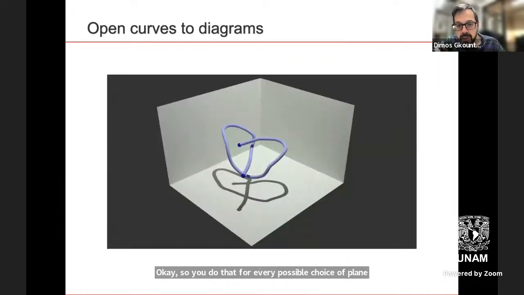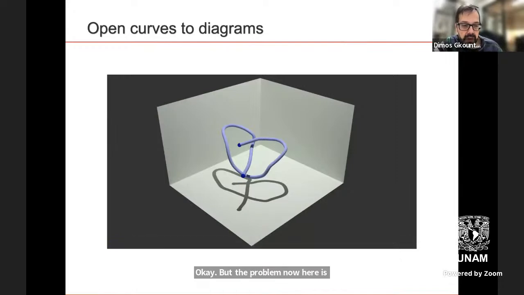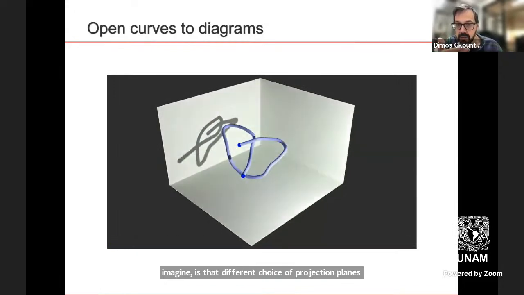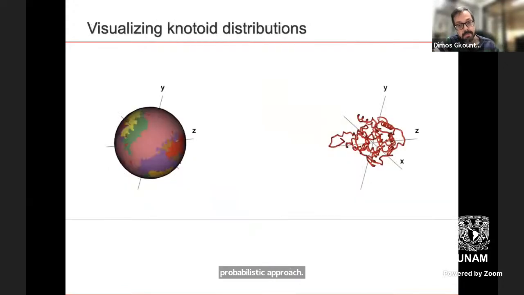But the problem here, as you may imagine, is that different choices of projection planes give us a different knotoid type, okay? So again, this is a probabilistic approach. We get a distribution of knot types.